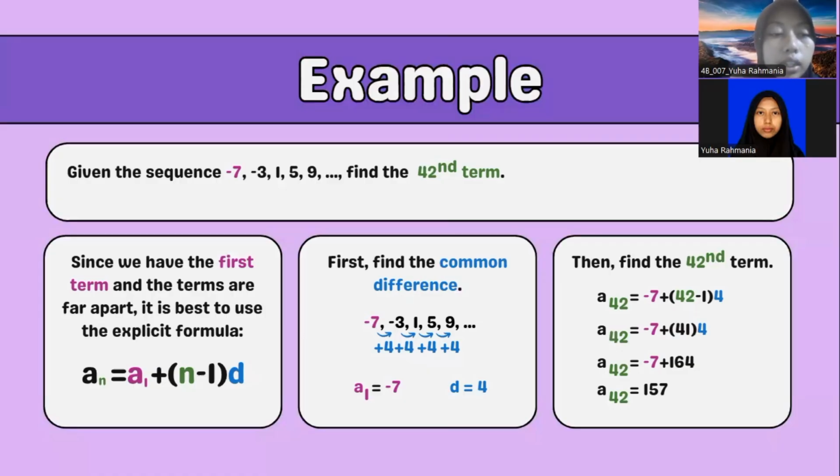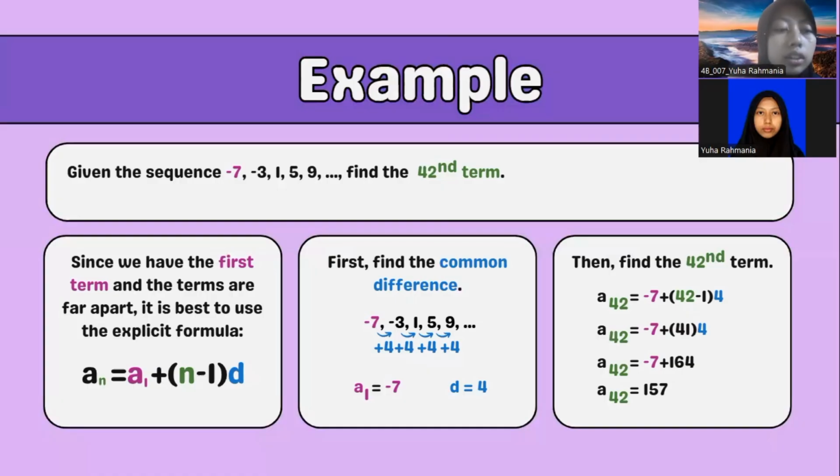The arithmetic explicit formula is an equals a1 plus (n minus 1) d. Now we substitute the known values. The first term is negative 7, the common difference is 4, and n equals 42.